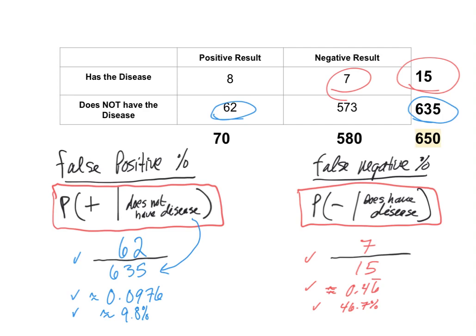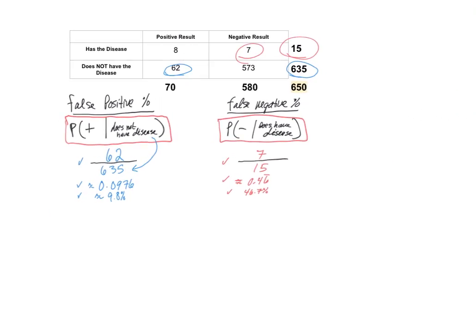The last thing that I want to mention, which is not on here, and I'll make a little space for it if I zoom out, we want to talk about the accuracy. The accuracy of the test refers to the test's ability to correctly locate those who either have the disease or do not. And so when I look up at the chart, there are 2 places where we have true positives and true negatives, right?